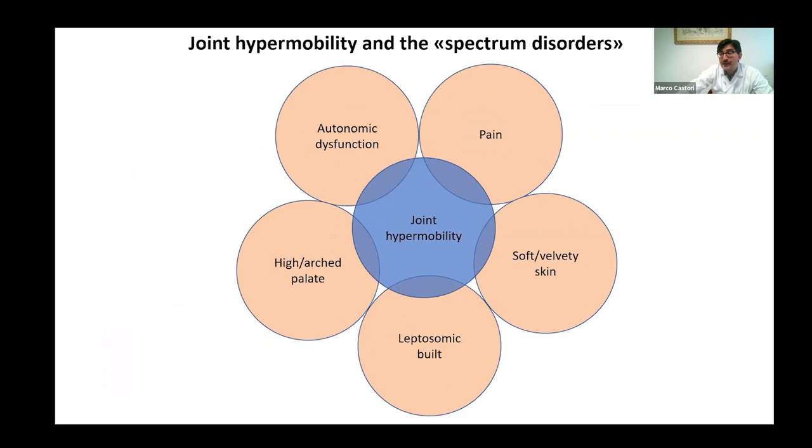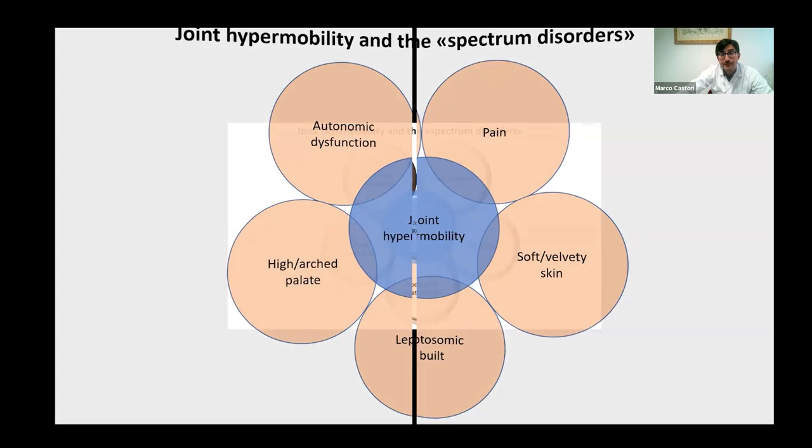As testified by the systemic features included in the 2017 criteria for the hypermobile Ehlers-Danlos syndrome, joint hypermobility is not casually associated with some extramusculoskeletal manifestations such as dolichostenomelia, arachnodactyly, high-arched palate, and abnormal skin texture. Now, we also know that the relationships between joint hypermobility and pain and joint hypermobility and dysautonomia are marked. Therefore, we can assume that all such physical and pathological features tend to co-occur in humans.